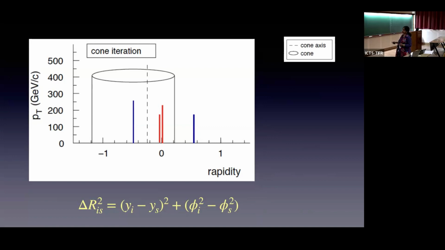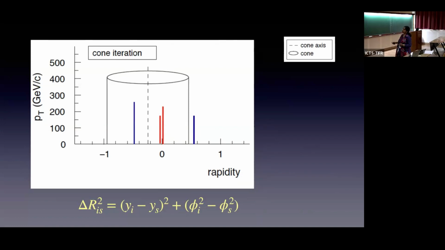This total new momenta is not agreeing with the original seed. So this becomes your new seed for the cone. You shift around that, and now again you have only 3 particles, the same number of particles, and also the combined momenta of all these particles agrees with this seed. So now this should be your jet.